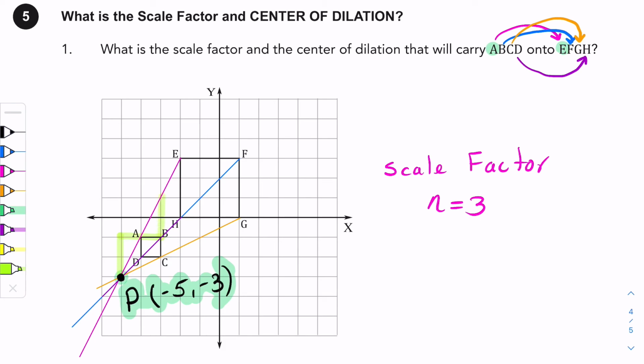We're going to go up 2 over 2, up 2 over 2. That works 3 times for our scale factor. We count the slope, that gives us our scale factor, and it also gives us the answer that we're looking for. So the answer for this problem is not only the center, but it's also the scale factor.